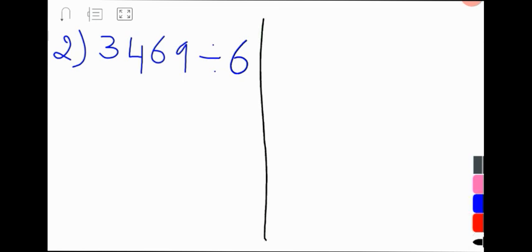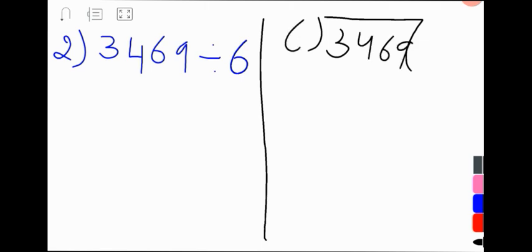To divide, first we make a home. Inside it we write our dividend, that is 3469, and 6 is our divisor. Now we begin with this 3. 3 is smaller than 6, so it is not divisible by 6 in one go. So we take the first 2 digits, that is 34.